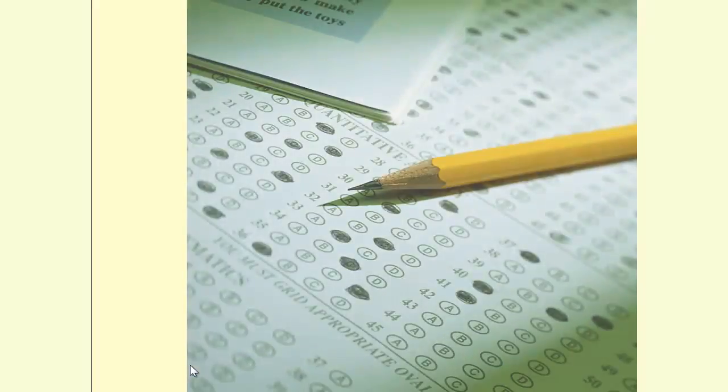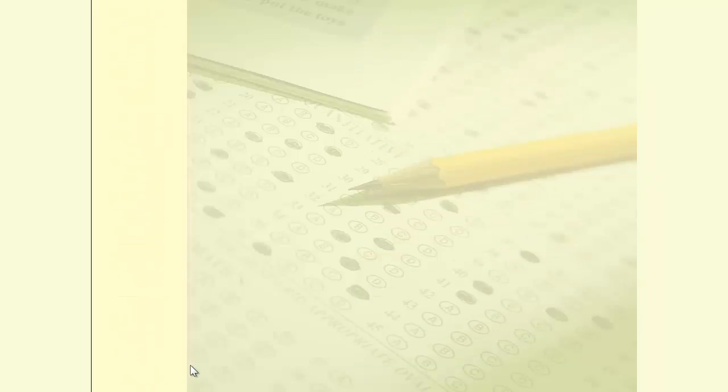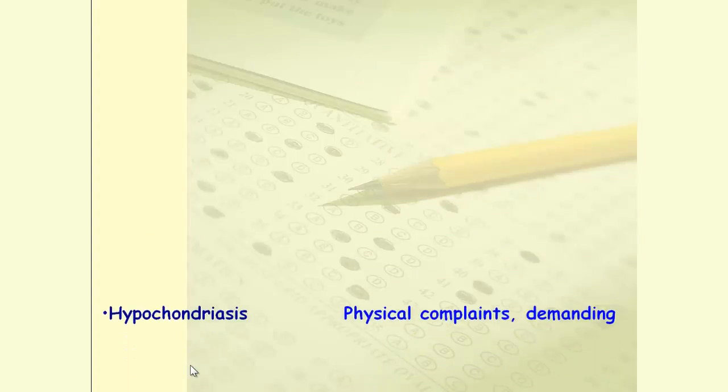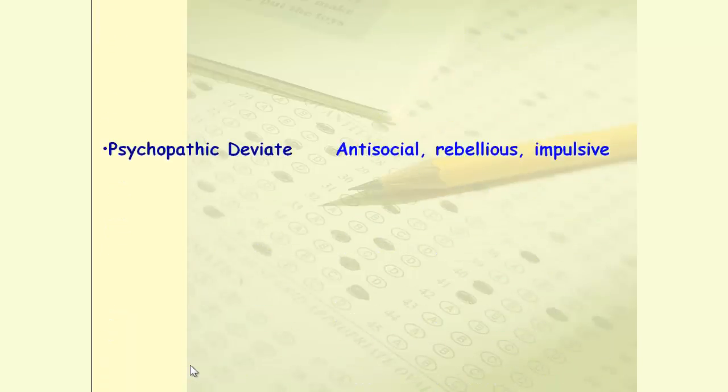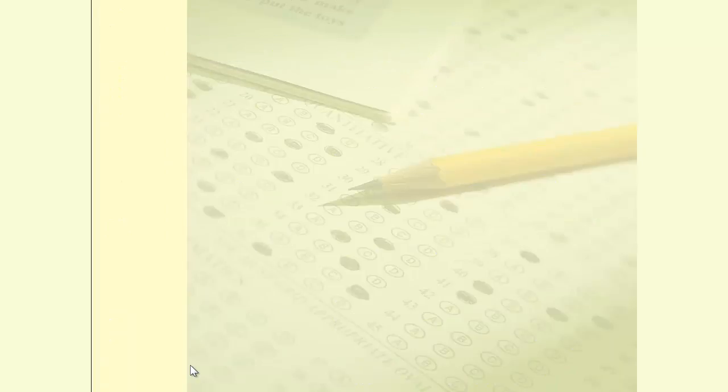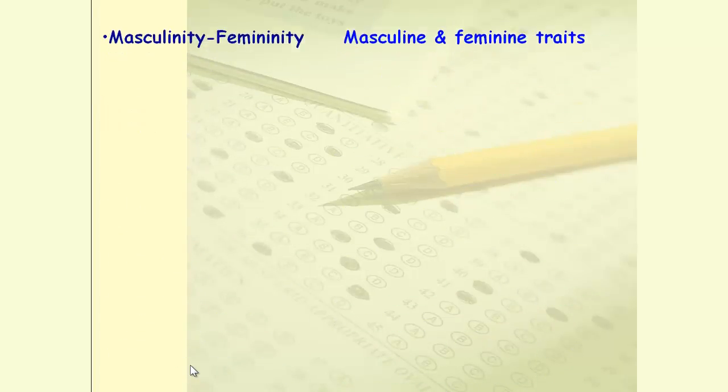Some of the specific characteristics that the MMPI can measure will include hypochondriasis and depression, hysteria. Some of these are psych disorders that we studied earlier. Psychopathic deviant means antisocial personality.